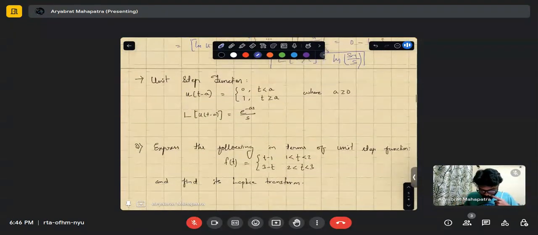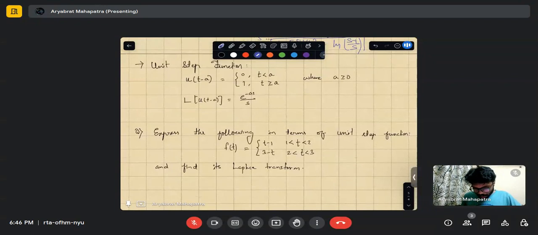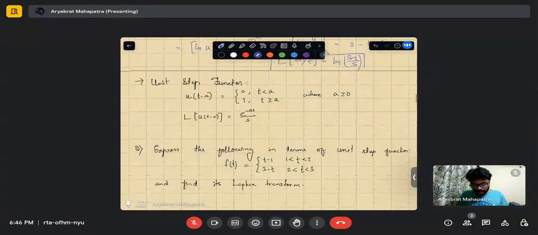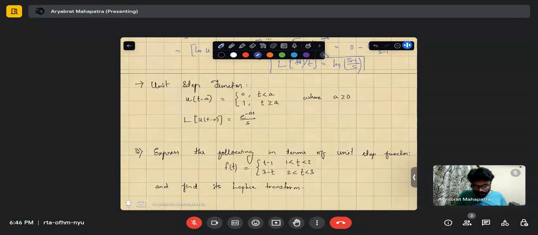Okay, so then one more case, where in certain places you get these kinds of step functions. Usually u of t minus a is defined as 0 when t is less than a, and otherwise this function takes value 1 when t is greater than or equal to a.